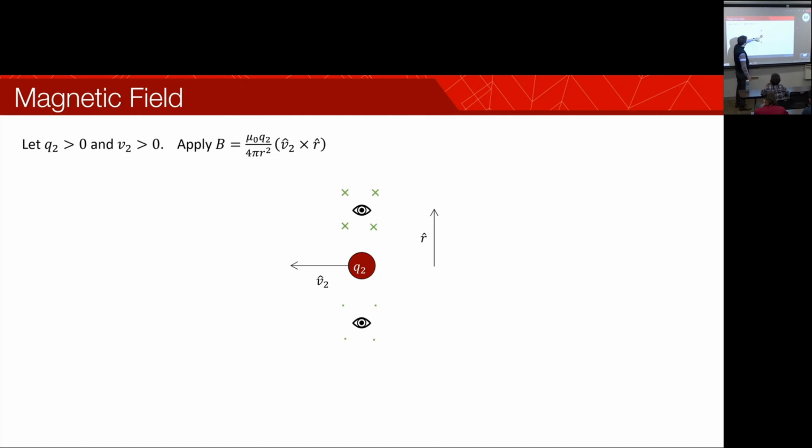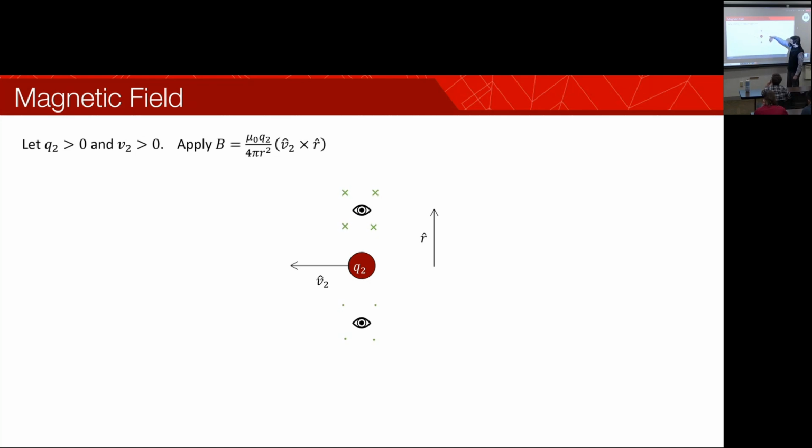It doesn't go to 0, because it actually just goes to 1 over R, so it goes to infinity right at the charge. As you go further away, it drops down at a rate of not 1 over R squared, but 1 over R, because the magnitudes of those R's cancel out.